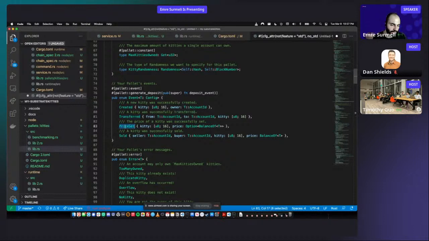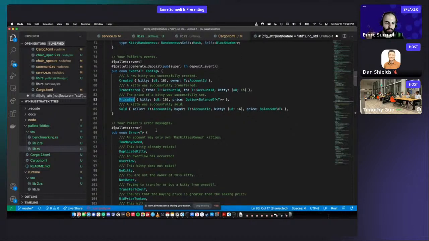If anybody's coming from a JavaScript development background, these are very similar to the JavaScript events. You can set a pub sub, publication subscriber type of interaction in your runtime to do certain type of things when certain type of events fire off. This is exactly what that is.